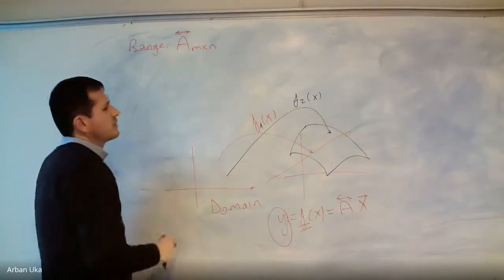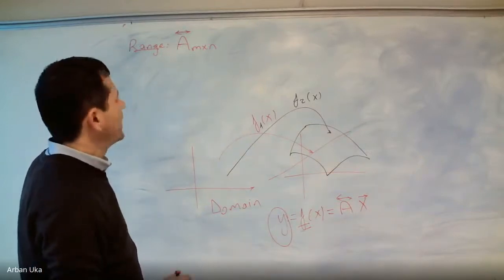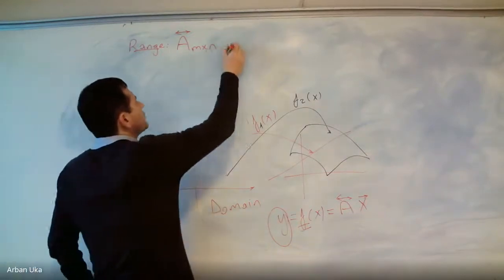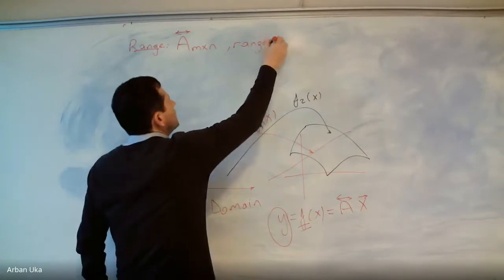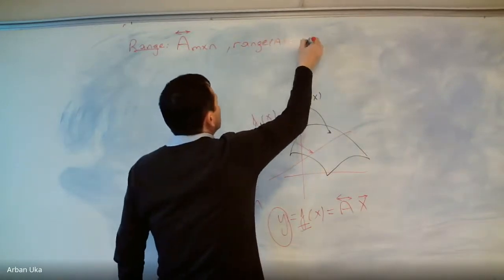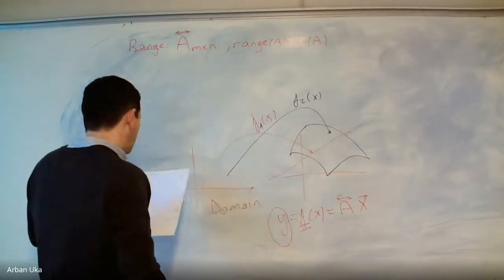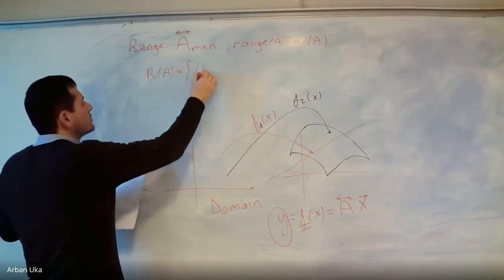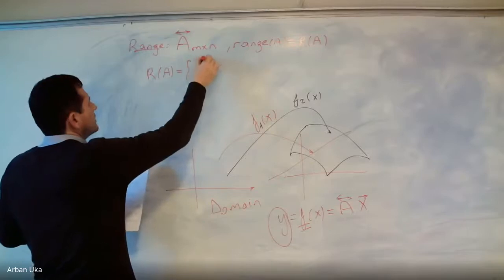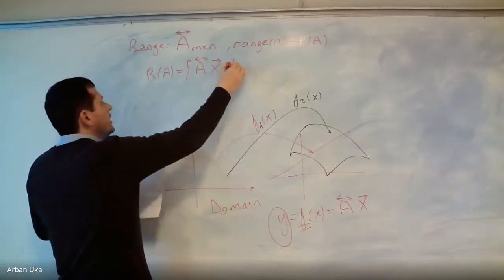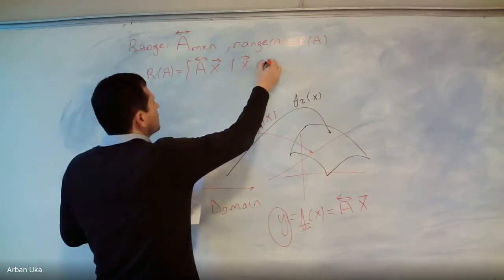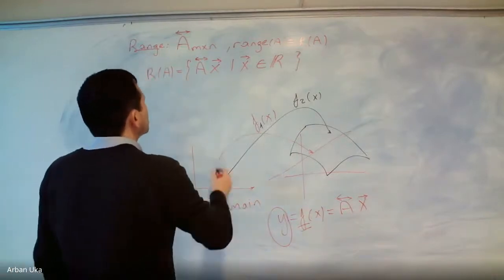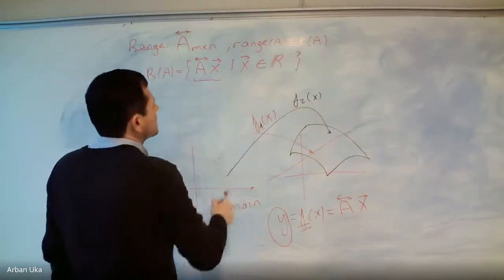And now let's see how the range is defined. So for any matrix, this is how we generally denote it, the range of A is defined as R of A. Okay, so this is how we write it down, and the R of A is equal to all the possible values AX, such that X is an element of what? So X, what is X?